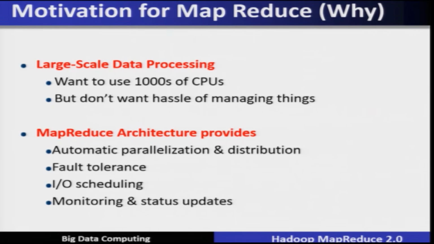Another important motivation is that this paradigm makes programming very simple and does not require the programmer to manage the intricacies of the minute details underneath. The MapReduce architecture also provides automatic parallelization and distribution of data and computation.